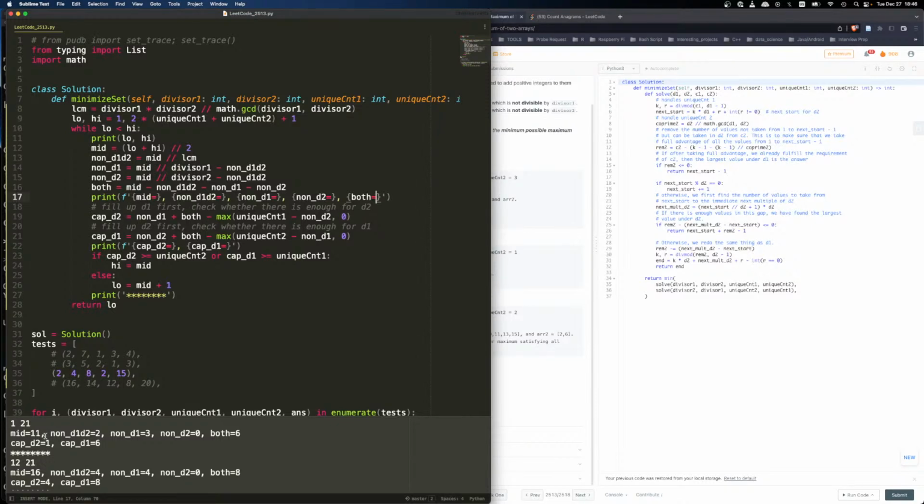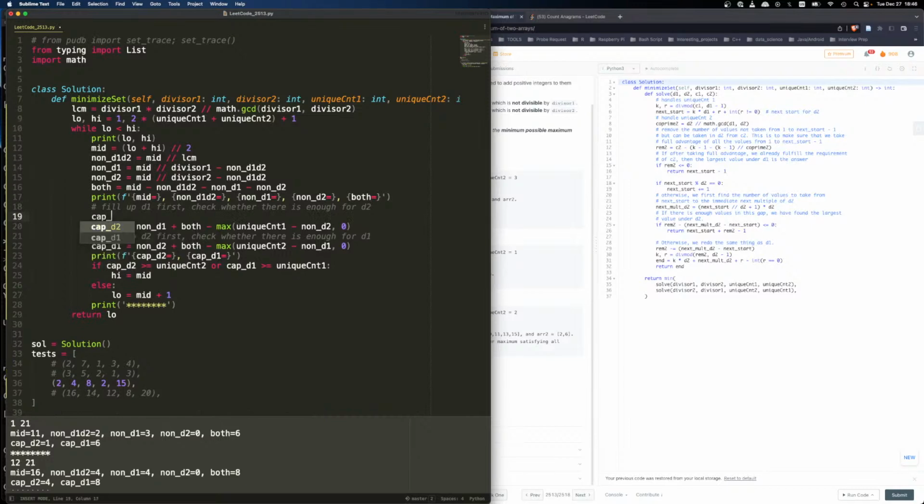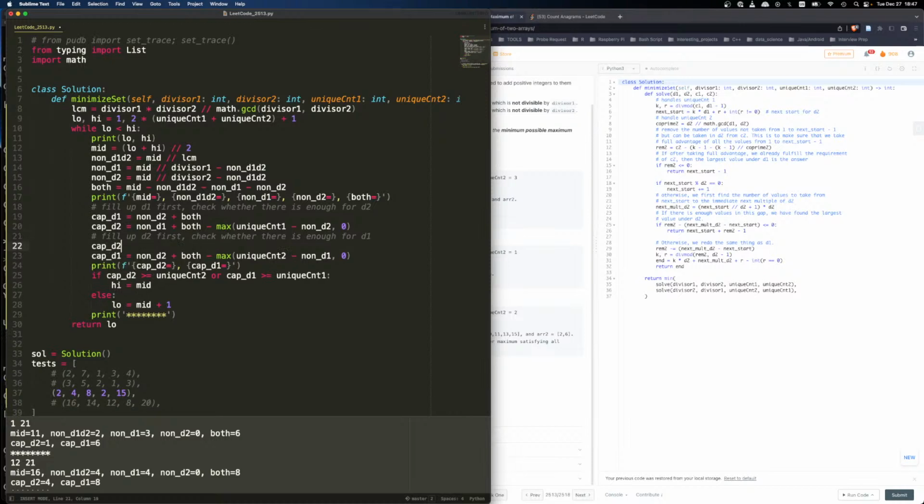Actually, I kind of see the problem. Fill up D1 first, okay? Fill up D1 first. Capacity D1. Let's actually do this, capacity D1, right? What's the capacity of D1? Well, the capacity of D1 is non D2 plus both, all right? And here the capacity of D2 is non D1 plus both.